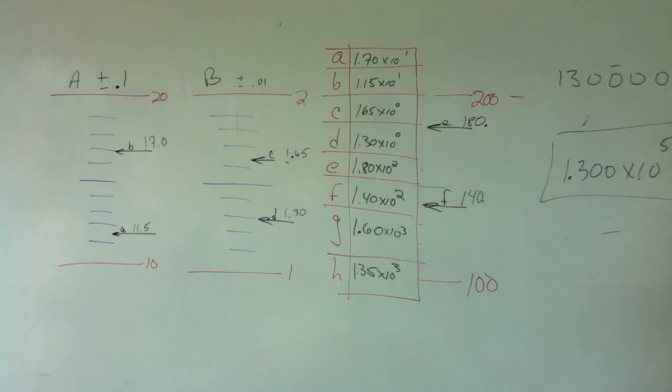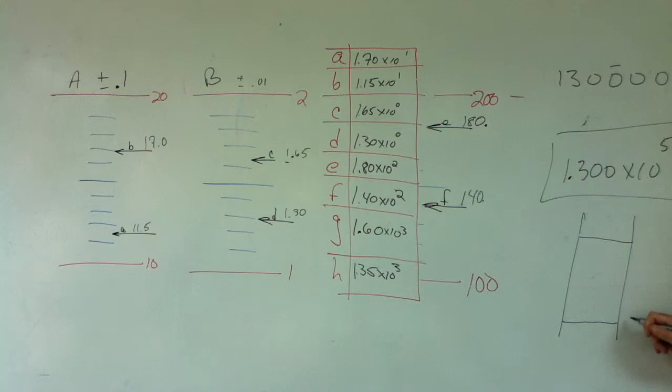Okay. All right. So, how do I draw that instrument? We have 100,000.